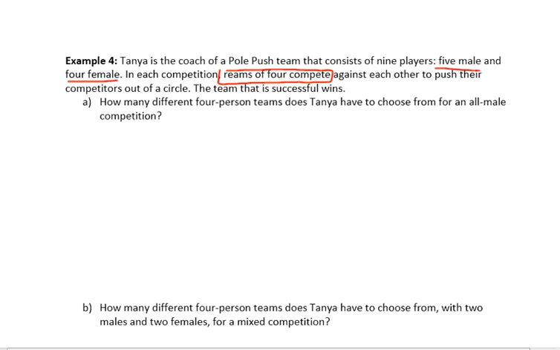A, how many different 4-person teams does Tanya have to choose from for an all-male competition? So if it's all male, how many males are there? There's 5, and how many do you want to choose? We need them in groups of how many? 4. So 5 choose 4. 5 factorial divided by 1 factorial, 4 factorial, is 5.